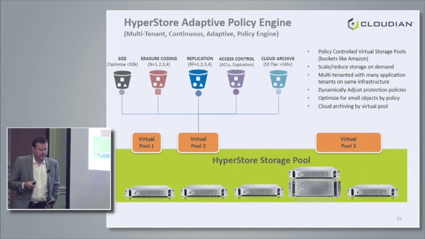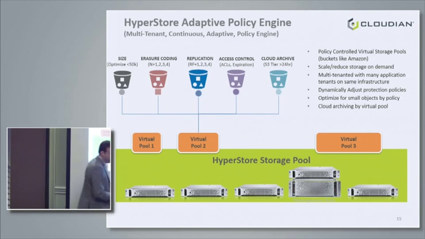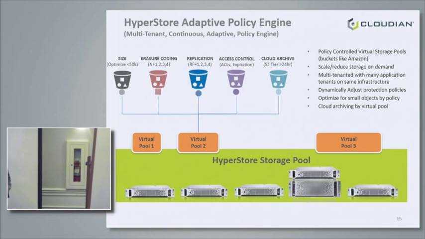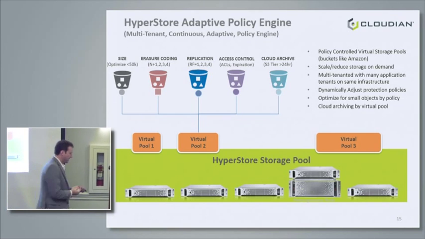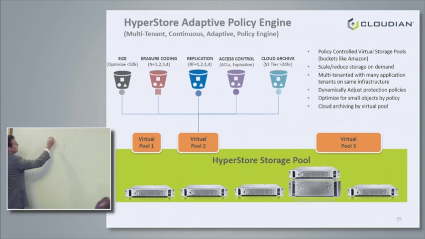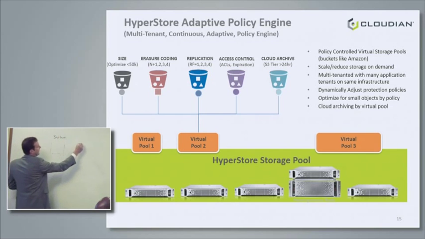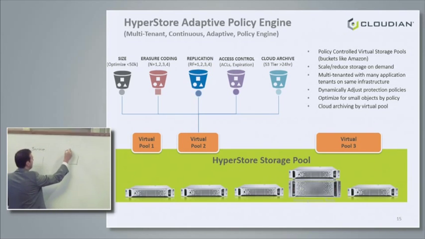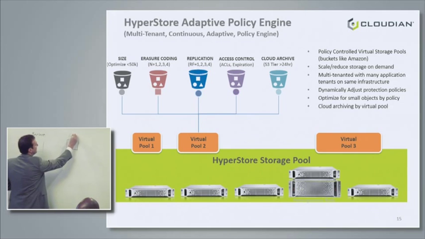The policy engine. This is one of the key things. So maybe we'll whiteboard a little bit on this. What's really important is not all applications are the same. If I've got an application up here, which may be a backup application, and I've got another one, which may be a smaller amount of data, which is collaboration.